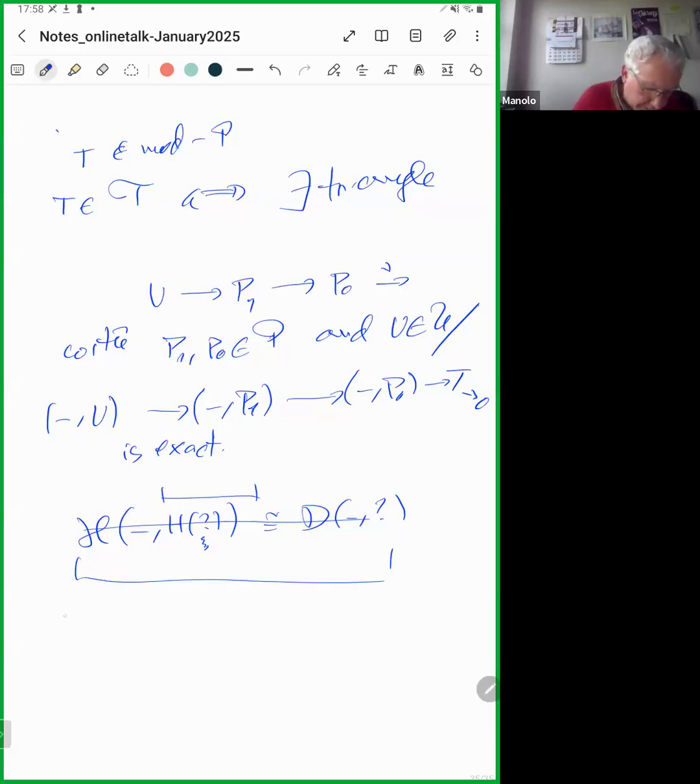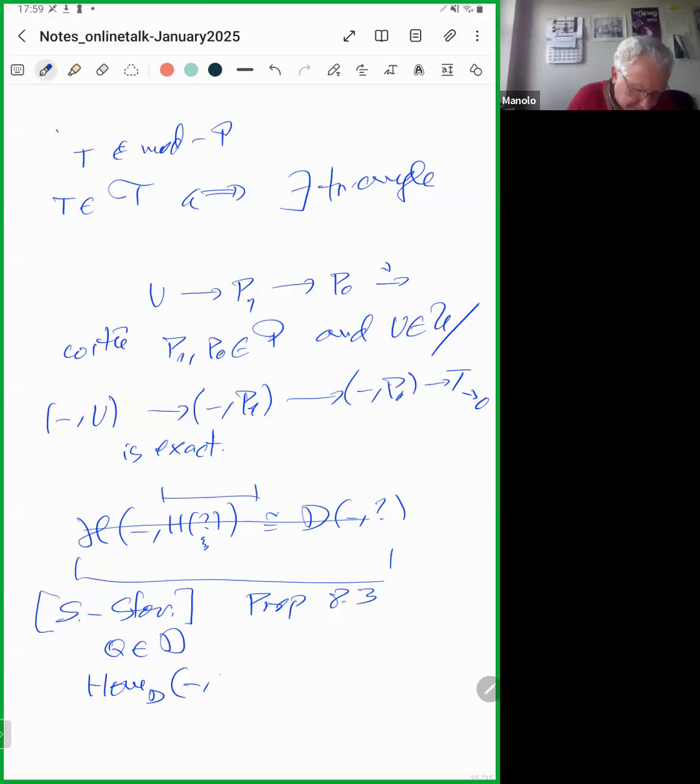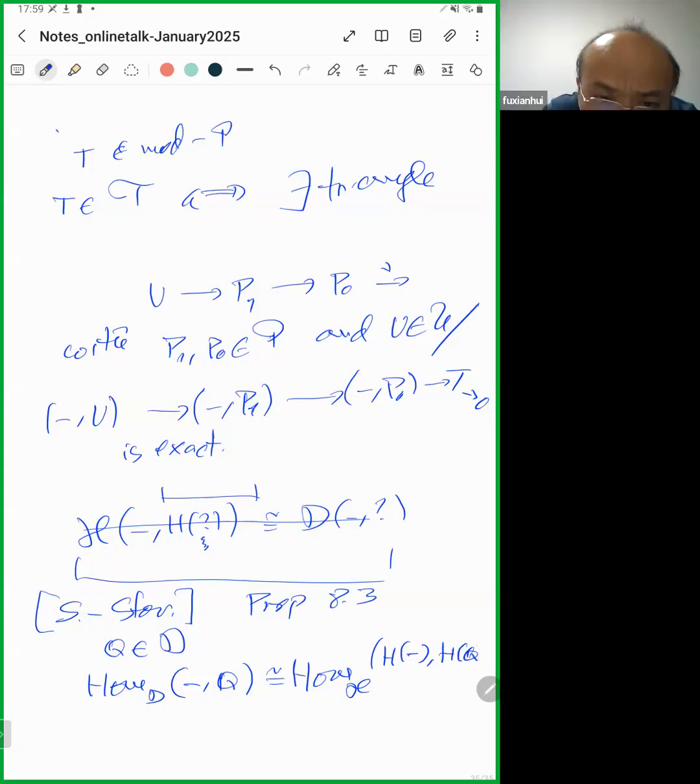For instance, in my paper with Stovicek, Proposition 8.3, you have a situation where you take some object with some pure injectivity, and then in the triangulated category this is naturally isomorphic to H and then H of Q. Results of this sort, and when Q has some sort of pure injectivity, this H of Q is injective in the heart.